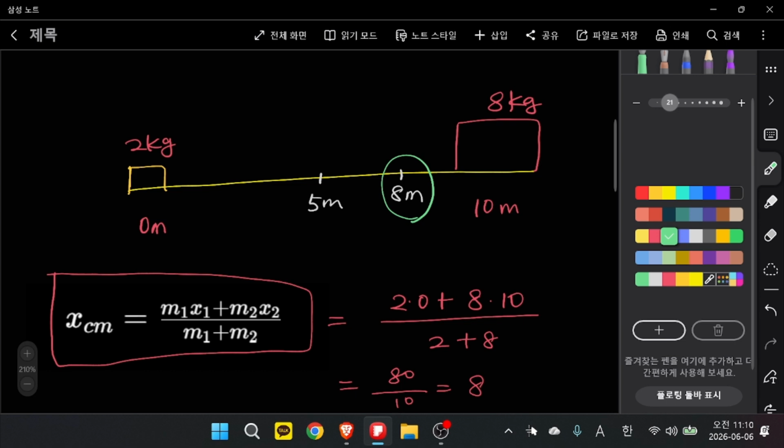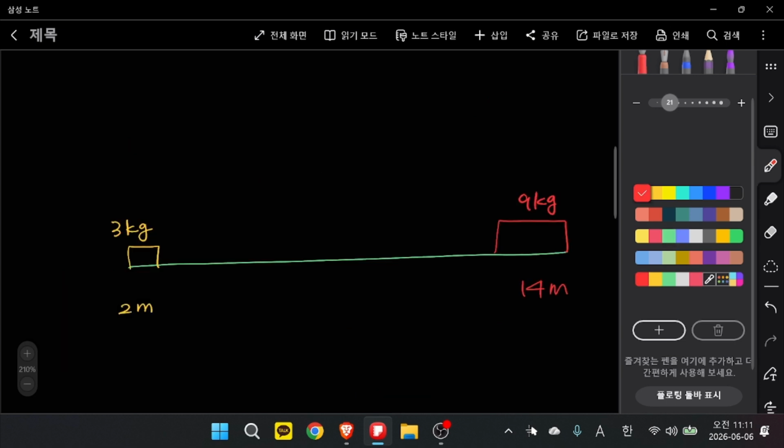Let's do one more example. A 3-kilogram object is at position 2 meters. A 9-kilogram object is at position 14 meters.